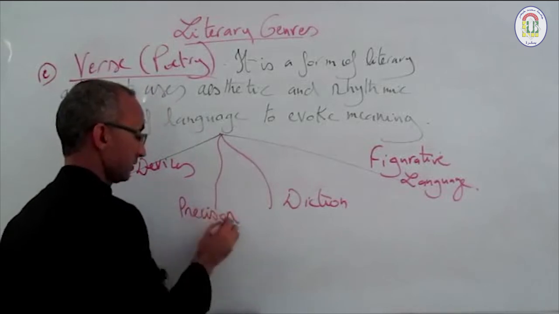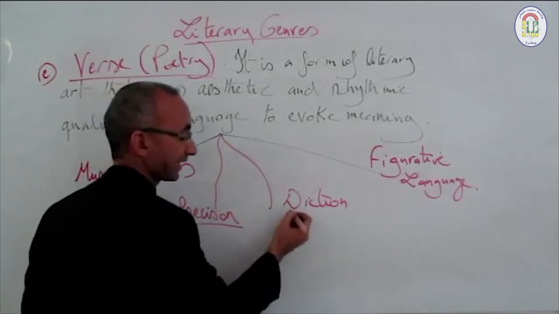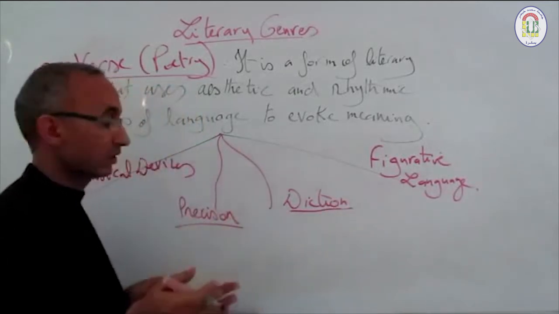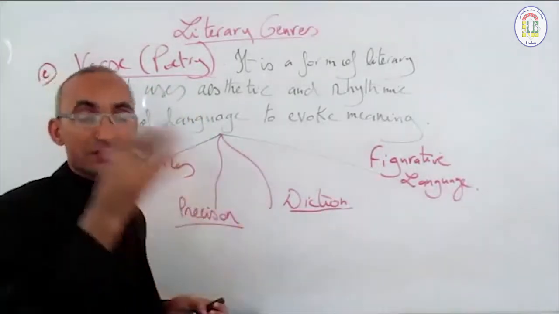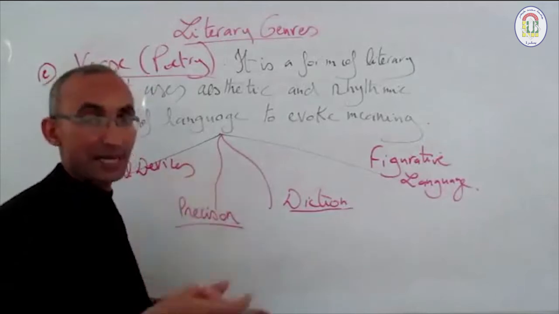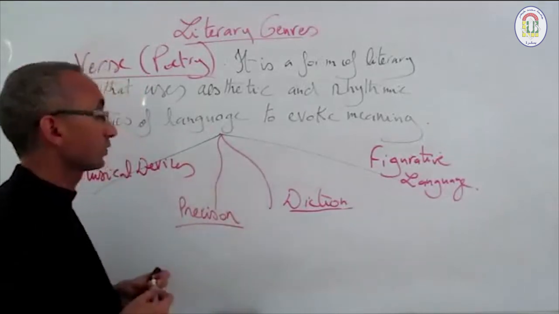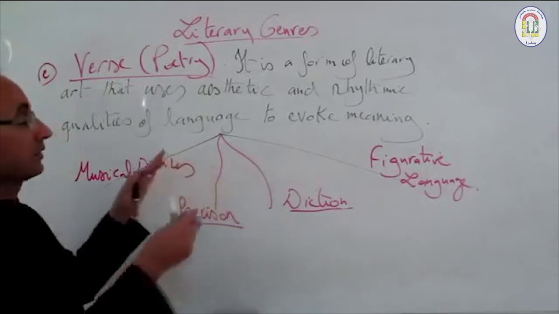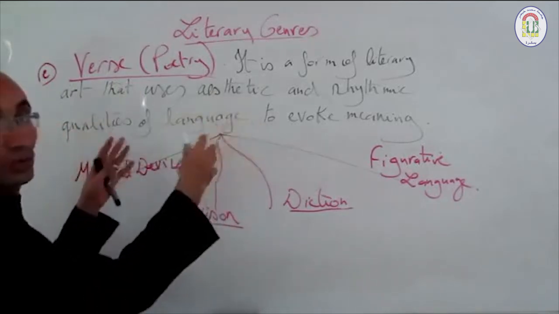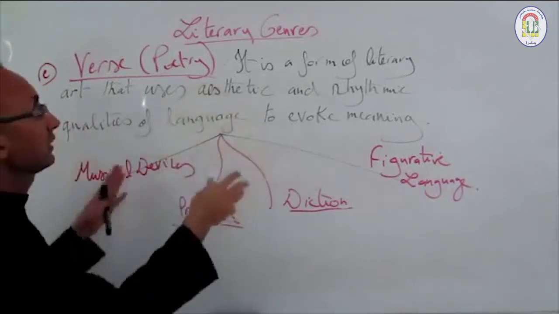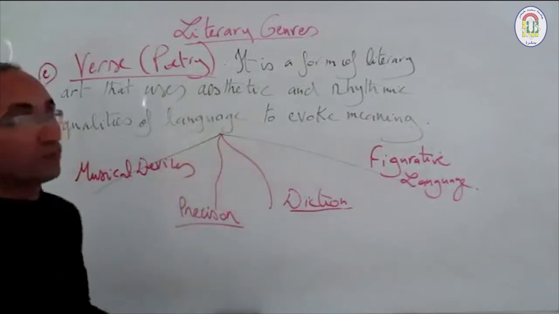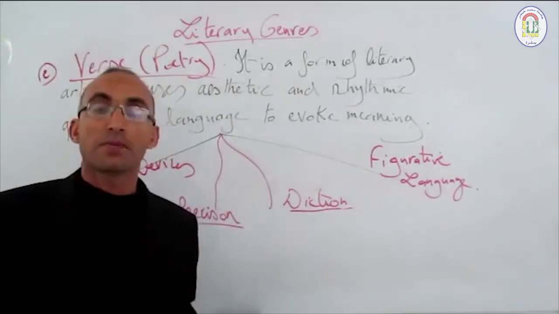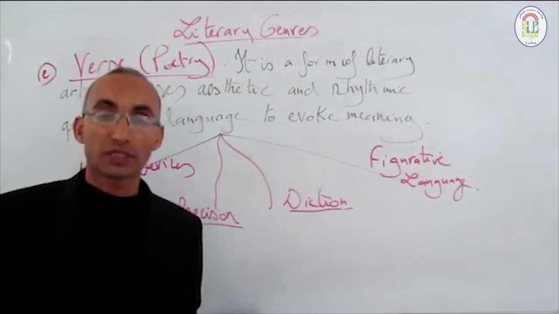Precision means the exactness in terms of the organization, order and division of syllables, feet and stanzas and so on. So this is simply a brief diagram about the structure of this genre, which is verse.